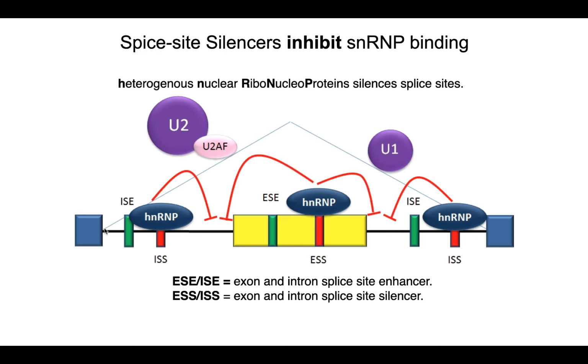Because the U1 bound here cannot interact with the U2 bound here, because the U2 here can't bind to the branch site. And because of that, instead of getting the two introns spliced out separately and leaving an exon in, they are all spliced out together, as shown by these light blue arrows here.